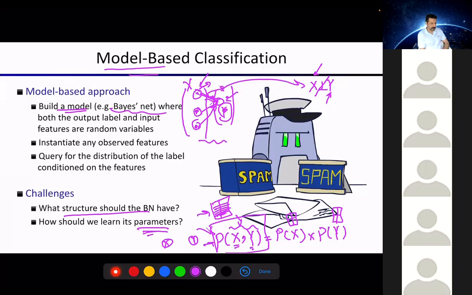So a structure plus parameters, this is what you can call model-based learning.